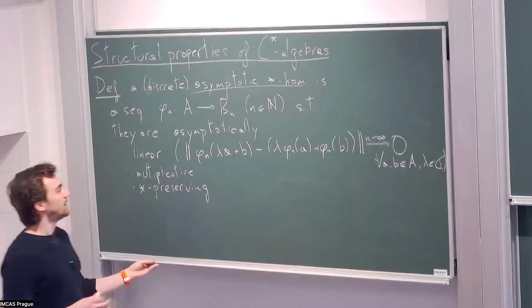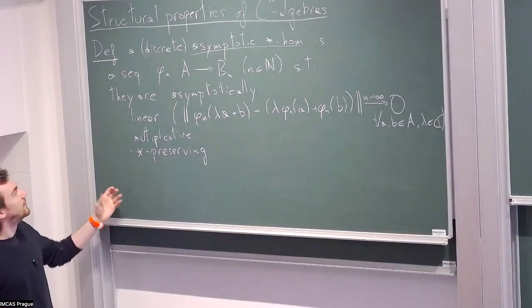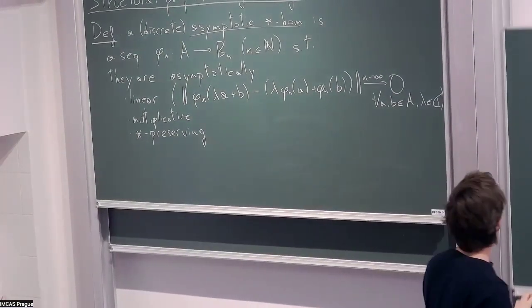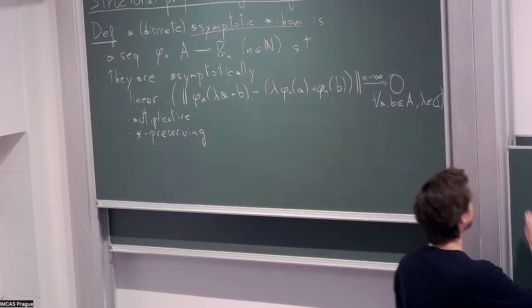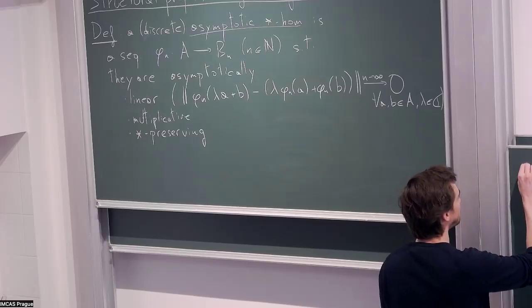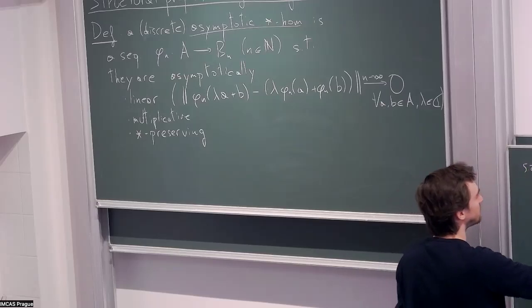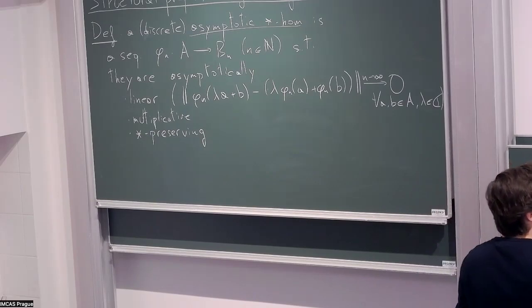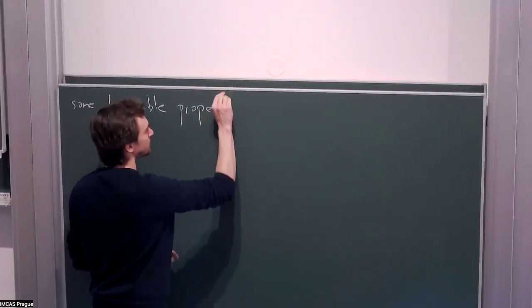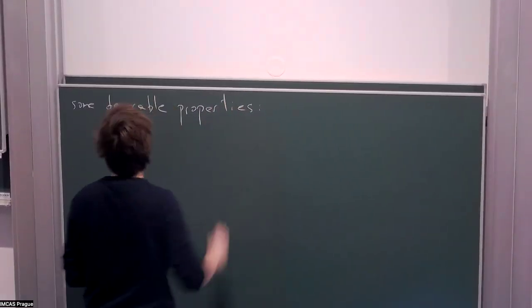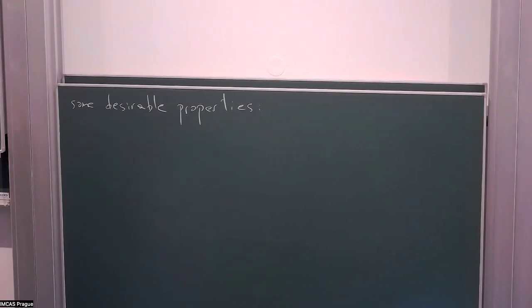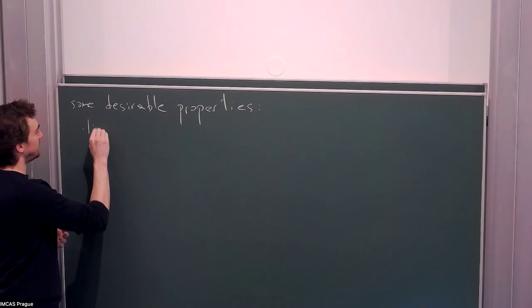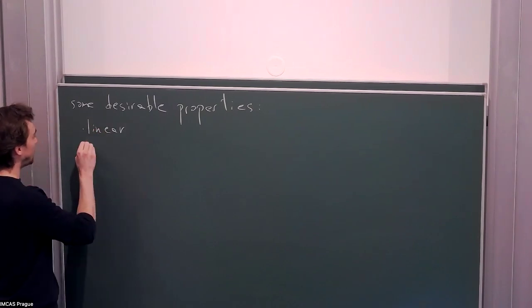So for example, you can already require the phi_n to be, for example, linear on the nose.